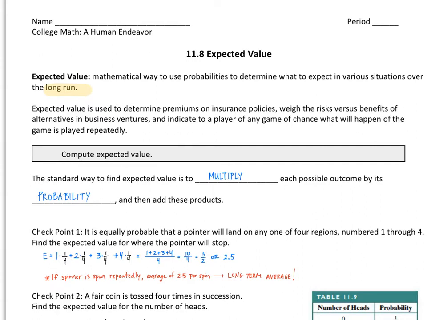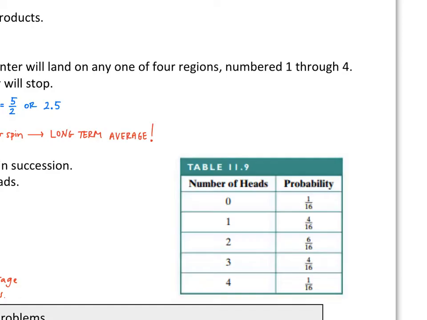This next example deals with a table of values. Let's suppose a fair coin is tossed 4 times in succession. We want to find the expected value for the number of heads. So let's take a look at this table here. The number of heads is our outcome, and the probability of each of those is in the column over here.